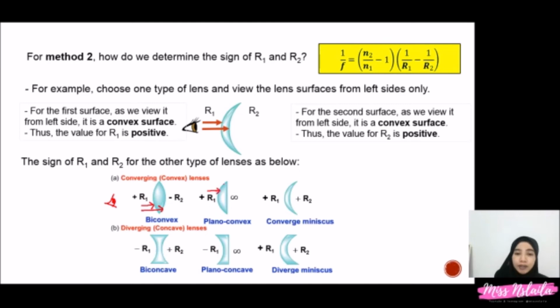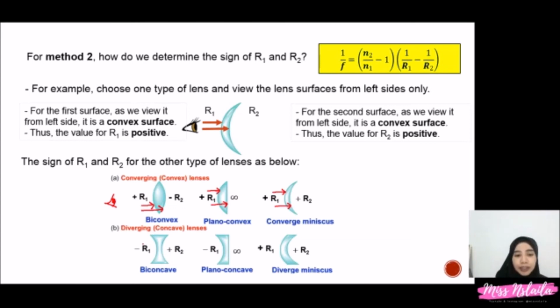For the first surface, it's convex to your eyes, so it will be positive. For the second surface, it's flat, so it will be infinity. For the convex meniscus, when you look at the first surface, it's convex to your eye, so it's positive. And for the second surface, it's also convex to your eyes at this side, so it will be positive.